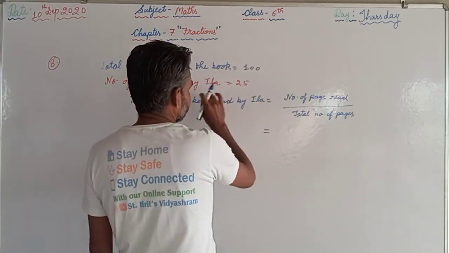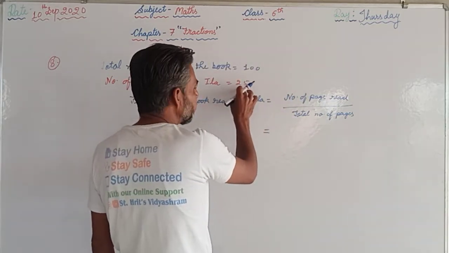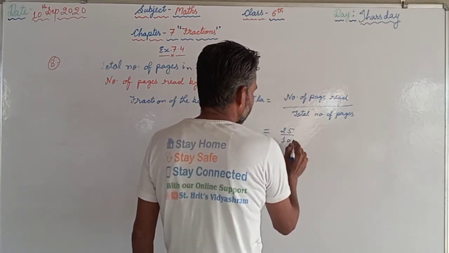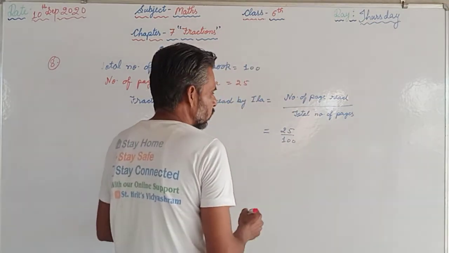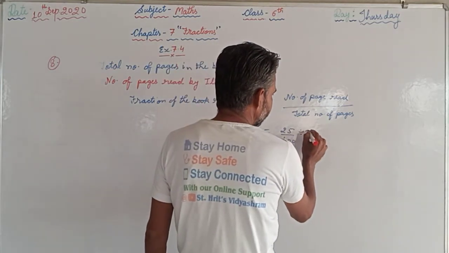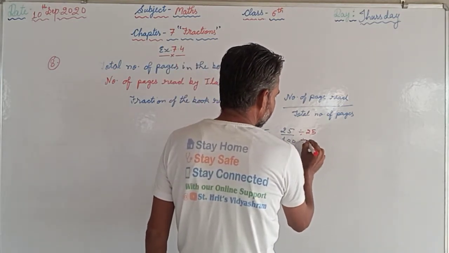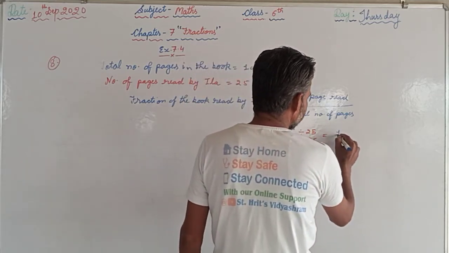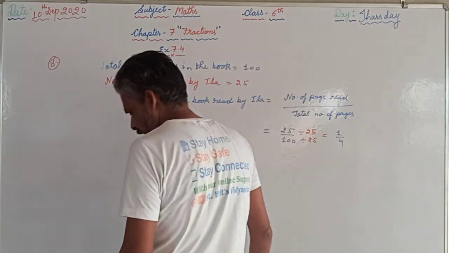That is how many pages Ela read? That is 25. Total 100. Now this is not in the lowest term, so we can divide both by 25 to write it in the lowest form. So 25 ones are 25 and 25 fours are 100, so 1 by 4.